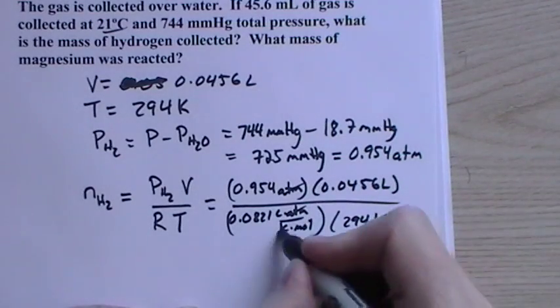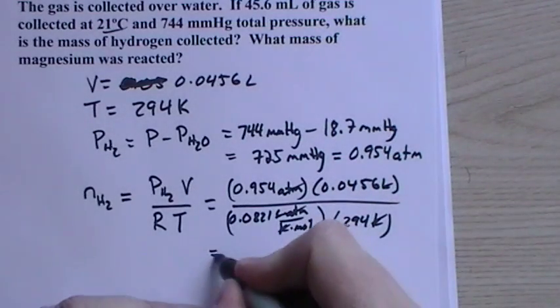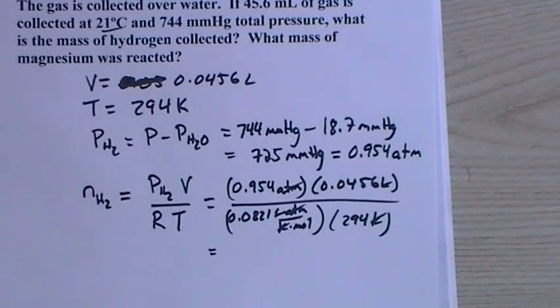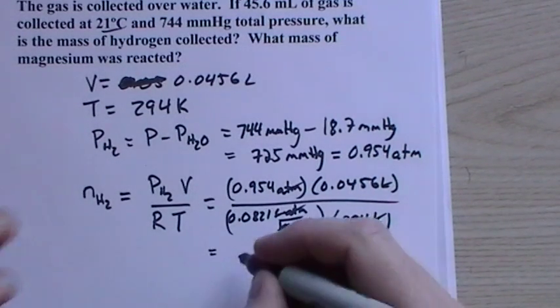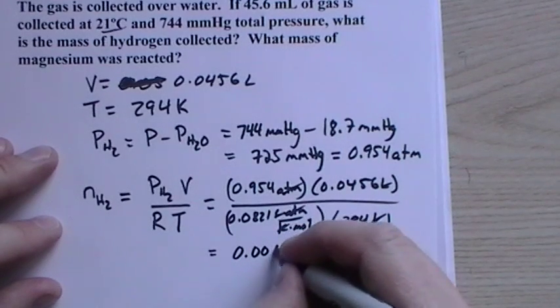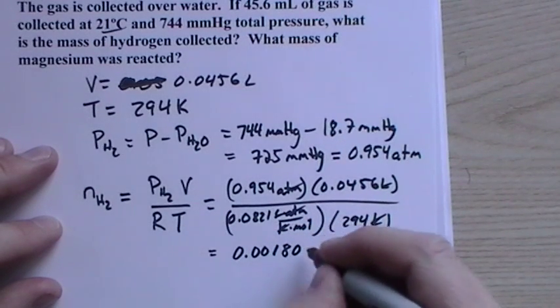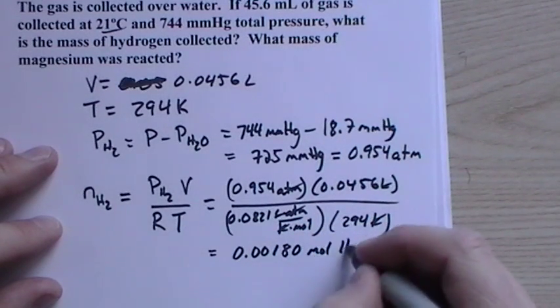Carrying those units through allows you to cancel all the units except for moles. Should come up to be moles. Let's see what we have here. And this comes up to be 0.0018 moles of hydrogen.